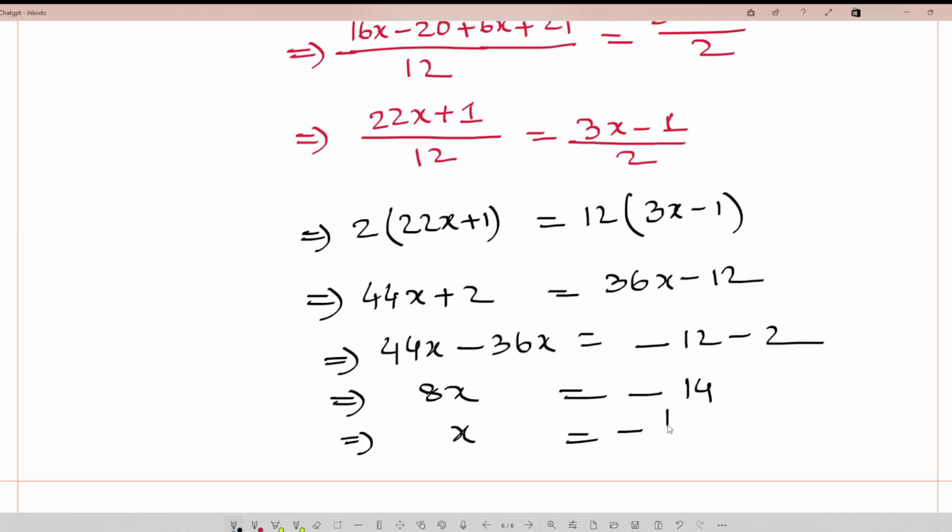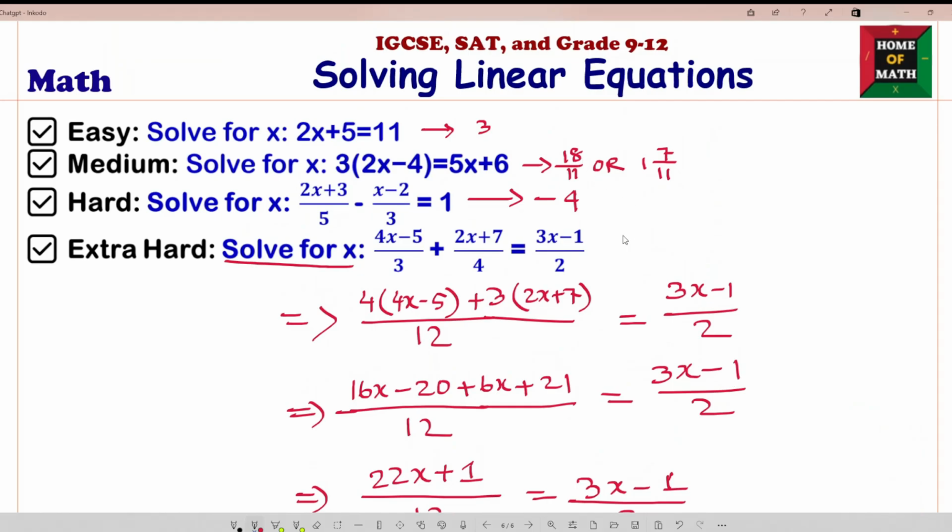So -14 divided by 8. We can simplify. Once we divide by 2, here is 7 and here is 4. So -7/4, and this one we can write as -1 3/4, and this is our answer. Okay, -1 3/4. So our answer is -1 3/4.